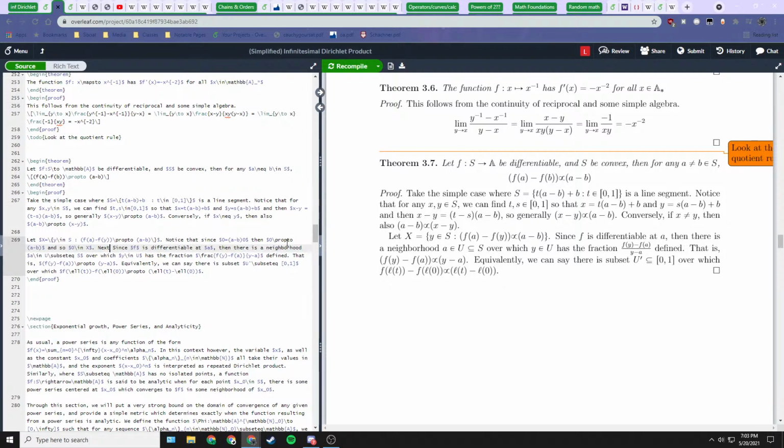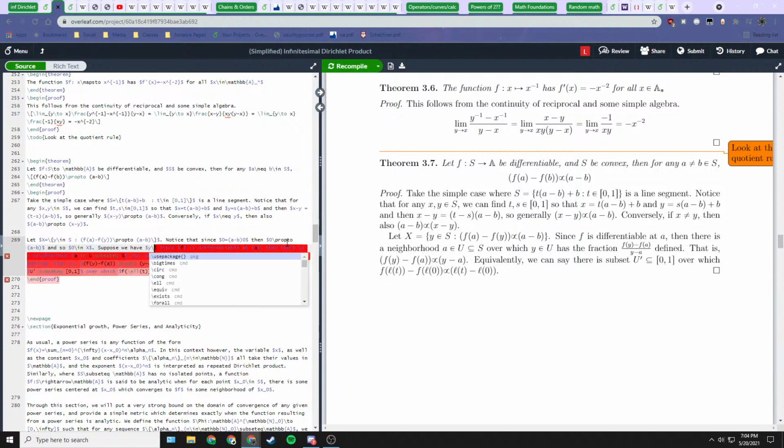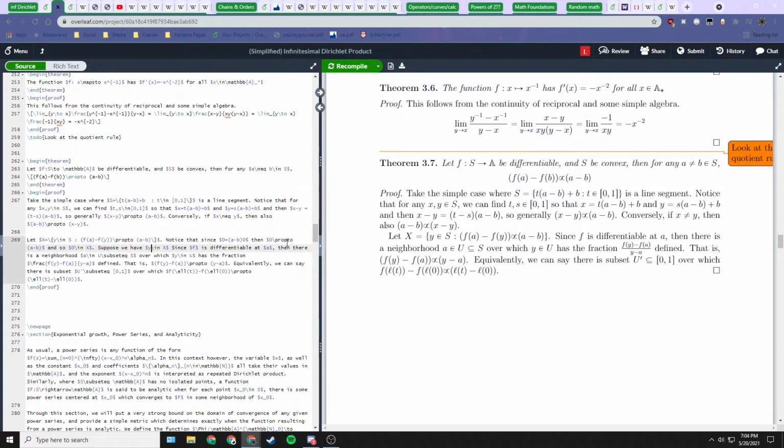Next, we can actually show that this is going to be both open and closed. Suppose we have some y sub n in X with y sub n going to some point y.